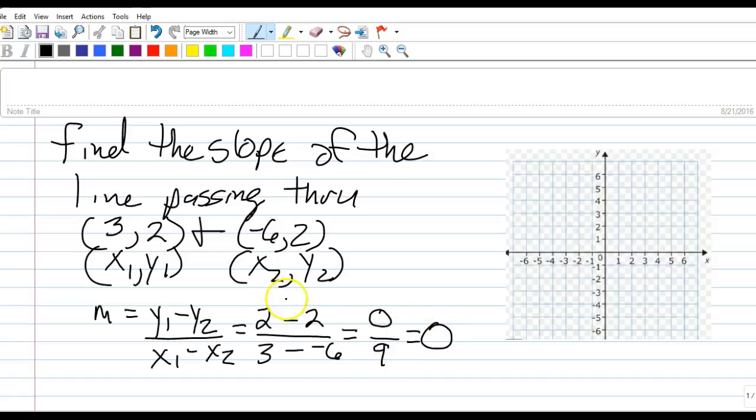So let's take a look at what's going on geometrically in reference to these 2 points. So let's plot these ordered pairs on the number lines. I have 3, 2, and I have negative 6, 2. So if I connect these 2 points, you see there, I actually have a horizontal line.